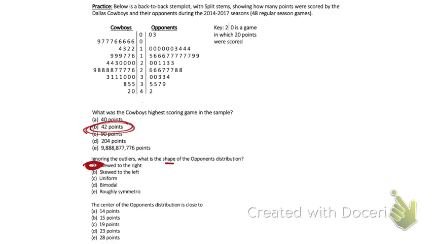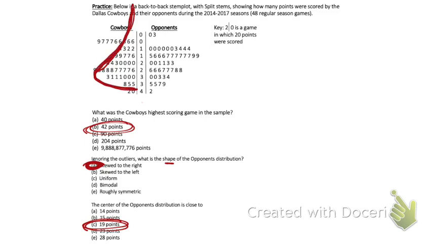The center of the opponent's distribution. Does anybody have an idea of what it might be? 19, very good.